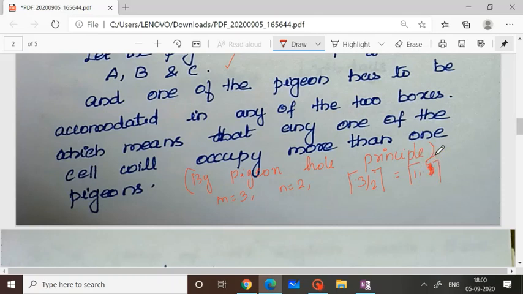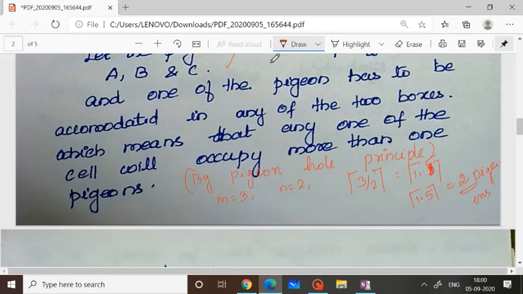So by the pigeonhole principle, m equal to 3, n equal to 2, therefore 3 by 2 is the ceiling of 1.5. The nearest value is equal to 2. Therefore 1 container can be accommodated with 2 pigeons. So 2 pigeons have to be accommodated in one container.